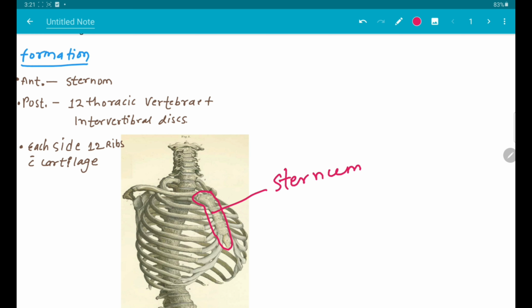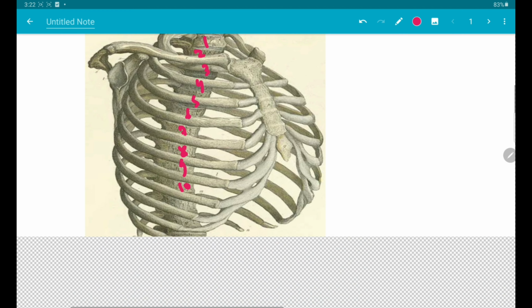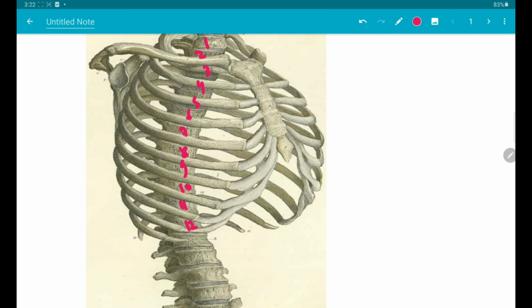Posteriorly, it is formed by 12 thoracic vertebrae and intervertebral discs. You can see these are the thoracic vertebrae. Look, 1 2 3 4 5 6 7 8 9 10 11 and 12.